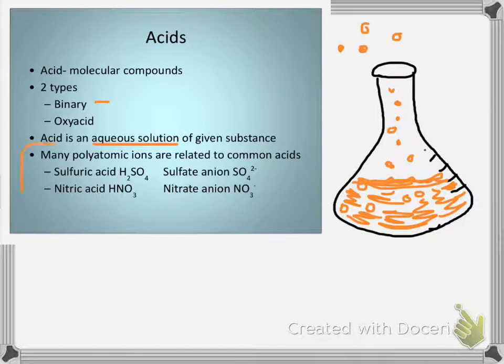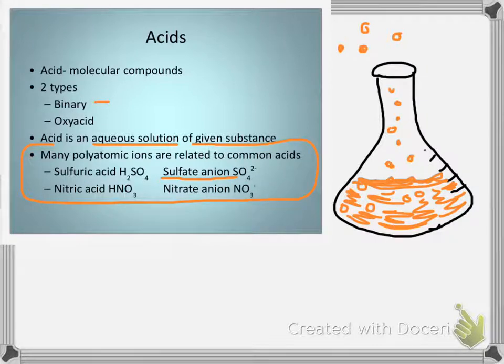There are a lot of acids that are closely related to polyatomic ions. Sulfuric acid is H2SO4, and it sure looks like some hydrogen bound to the sulfate anion. Nitric acid is HNO3, and what you have is hydrogen that has bonded itself covalently to what would have been a nitrate anion.